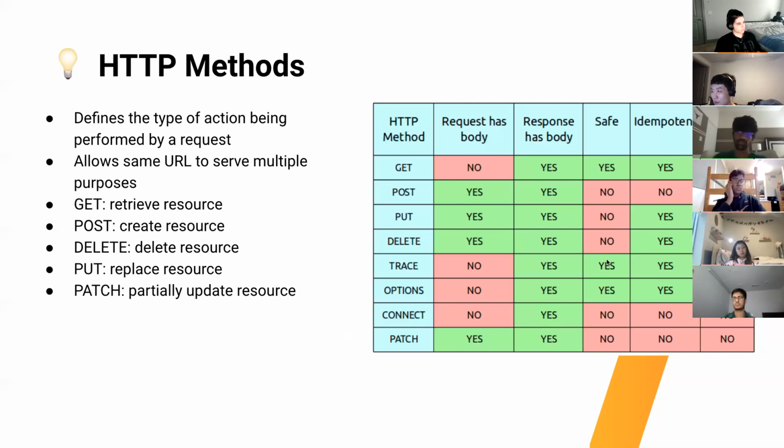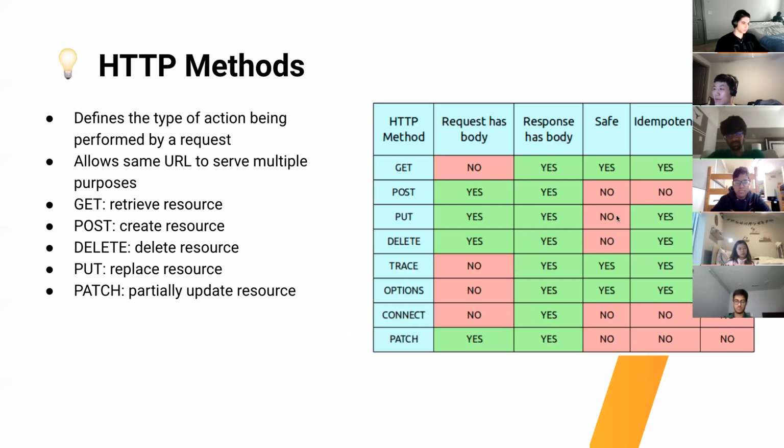Okay, so here's this table. You can see all of these request methods and some of their properties. For example, you notice that with GET, when you're sending the request to the server, you actually won't send a body. And all of the responses have bodies.